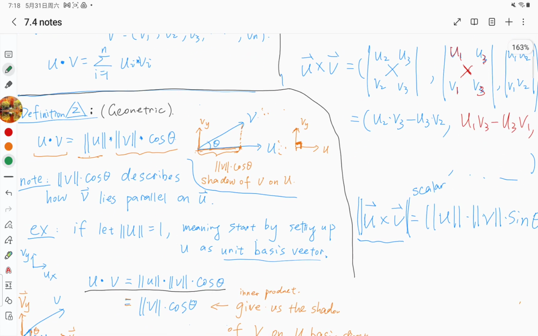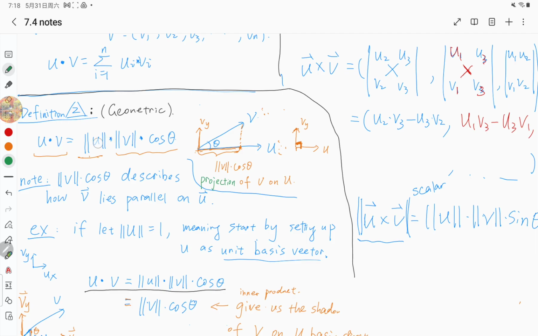And then the last time, this is like a projection, okay? So this is definition 2 of the two vectors u and v. Last time we said fix a vector direction of u, and then we have another vector v that is at some angle theta with u, right? What is this inner product u dot v?